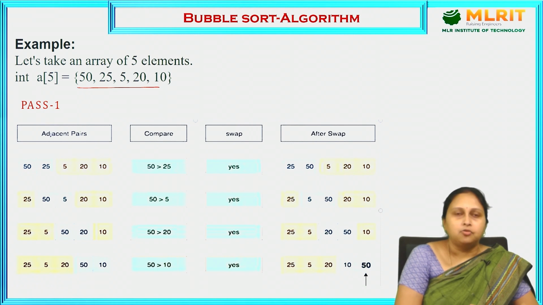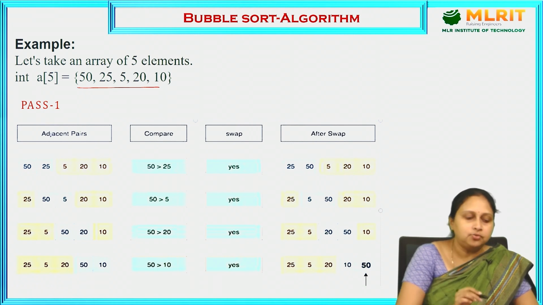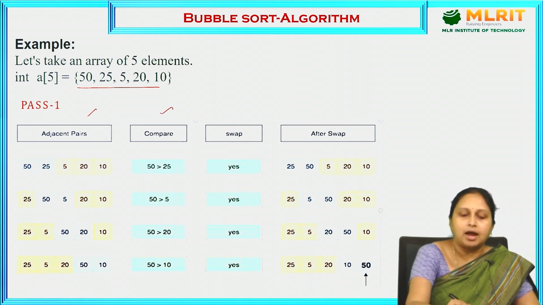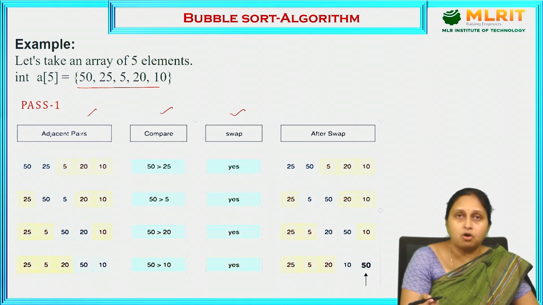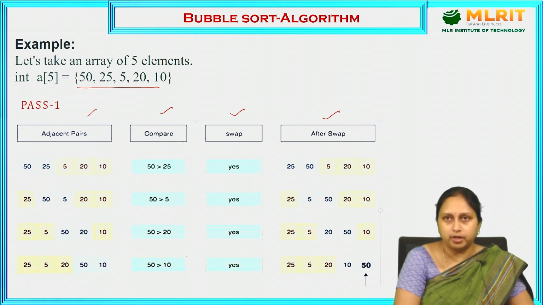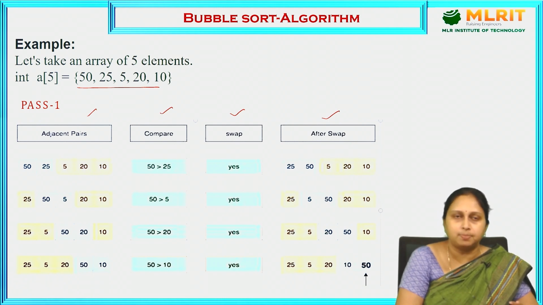Now, to understand this easily, we are going to take the adjacent pairs in one column and the comparison in another column, whether to swap or not in another column, and after swapping, the list of elements you are going to get in a separate column. This example will give you a clear idea about how the adjacent elements are compared when we need to perform the swapping. This will be clear to you.